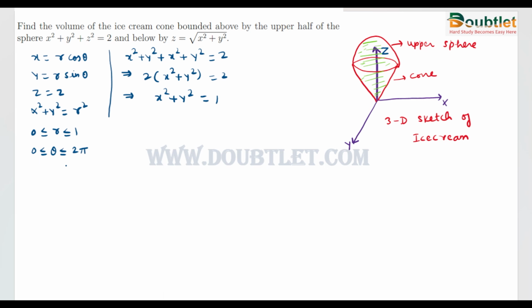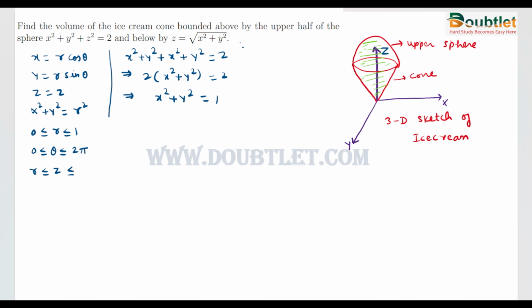Now to find the limit of z, what will we do? We know that the upper part is the sphere and the lower part is the cone. The equation of the cone is z is equal to the square root of x square plus y square, which in polar coordinates becomes the square root of r square, that is r. So z varies from r to the upper sphere.